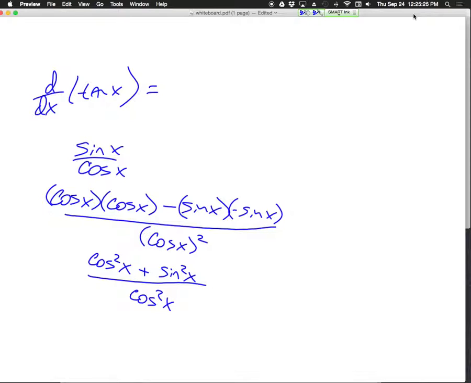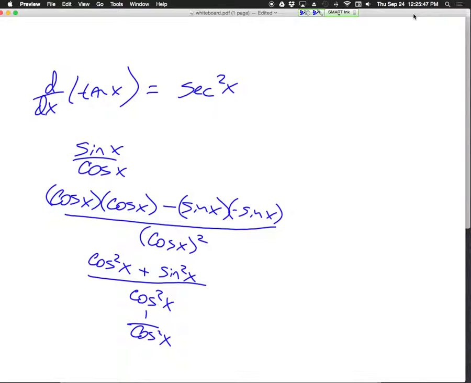What type of identity is that? That's a Pythagorean identity, so that is equal to 1. So this is equal to 1 over cosine squared. And what can I replace 1 over cosine squared with? Secant squared. So the derivative of tangent, we just figured out, is secant squared.